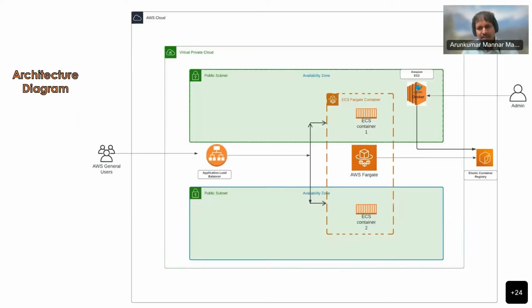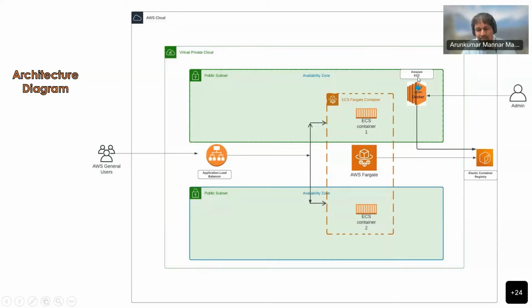So this is the architecture which we are going to discuss today. AWS general users, those who are going to hit the URL, maybe all of you are general users in this case. The first part is, as an admin, I'm going to create a Docker image.